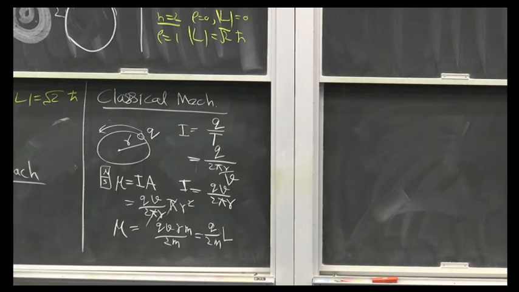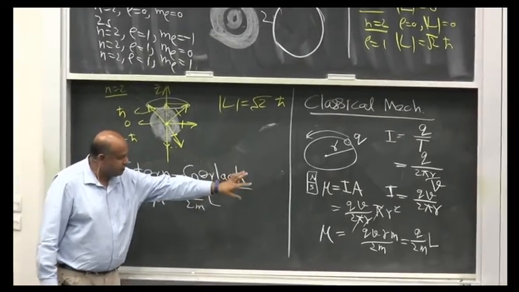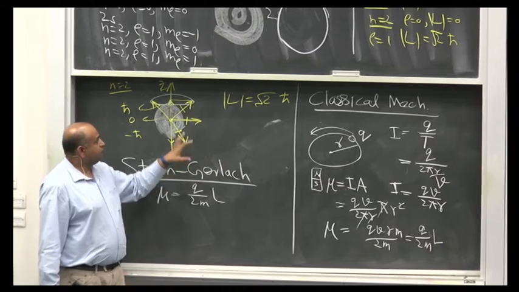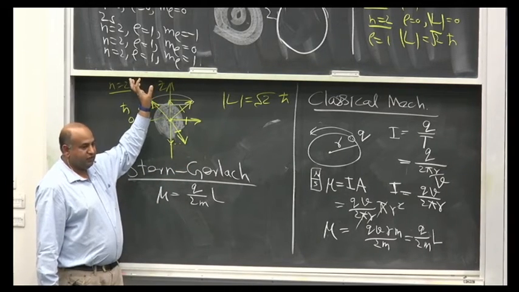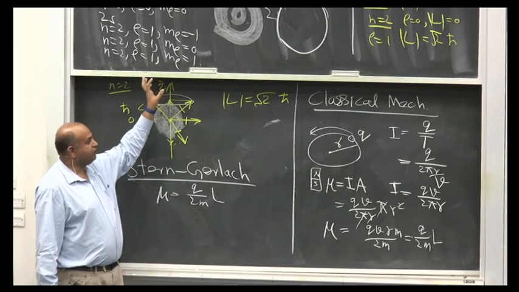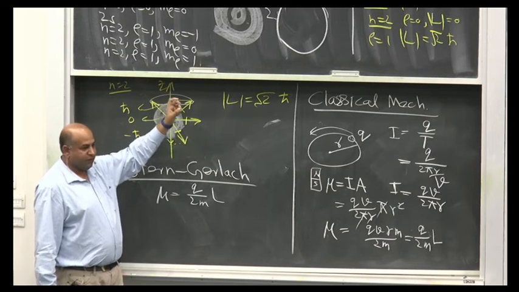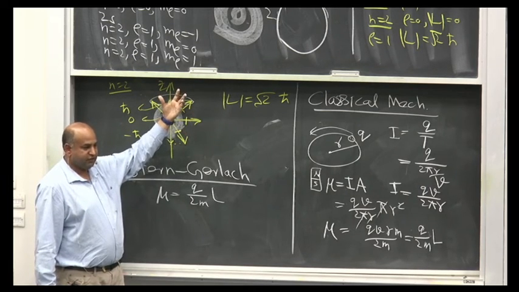जो ये रिलेशन है, the mu is Q 2m L, this is true in quantum mechanics as well, which we derive here classically, okay, because we haven't found the wave function. From wave function we can relate the magnetic dipole moment to the angular momentum, but of course we are not doing that.